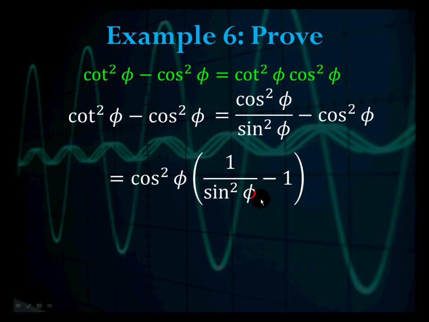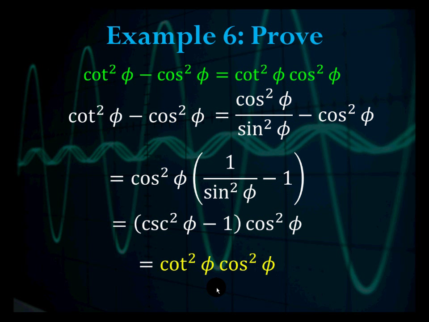Now, 1 over sine squared phi is equal to cosecant squared phi. So cosecant squared phi minus 1 times cosine squared phi is the same as the previous expression. Now, if you remember your Pythagorean identities, 1 plus cotangent squared is cosecant squared. So cosecant squared minus 1 equals cotangent squared. And now we have the same thing as we had on the right. We have proved our identity.